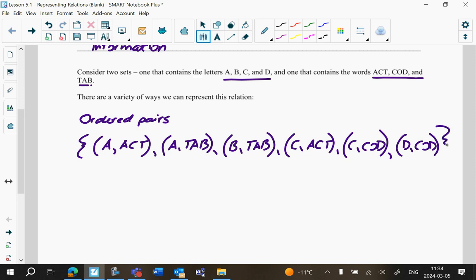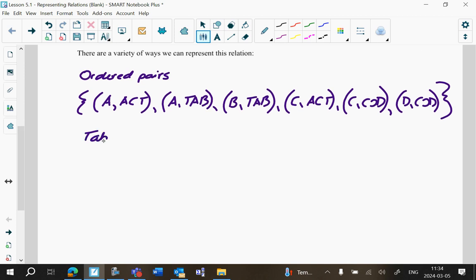Okay? So these are all the components of the relationship, if we define the relationship as the elements in the first set that appear in elements of the second set. So letters that appear in words. Okay? So that's one way to show it. Notice we haven't used any numbers yet in this first example.